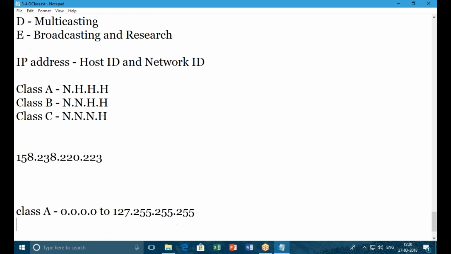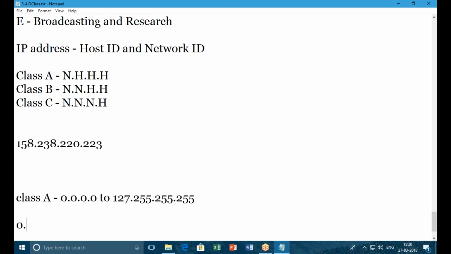In this range, 0.network and 127.network are not used to assign as IP addresses for systems.